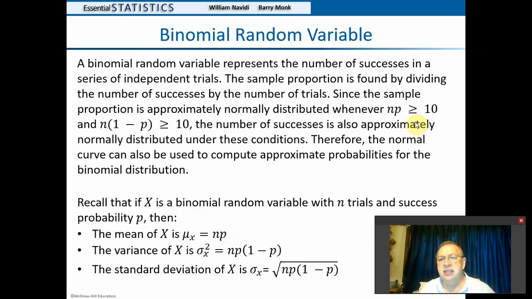So the number of successes is also approximately normally distributed under these conditions. Therefore, the normal curve can also be used to compute approximate probabilities for the binomial distribution. You may ask yourself, why am I going to do this when I've got the binomial formula? This is for when you have a large sample size.